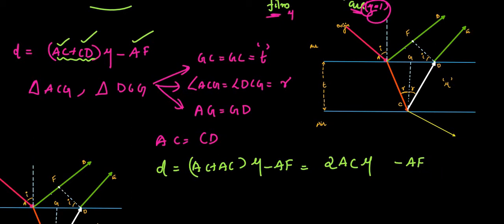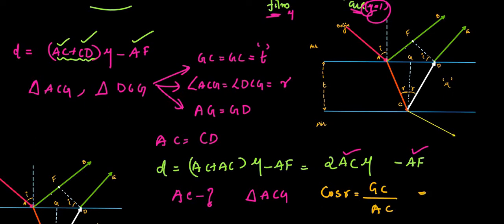Now what we need to find? Now we need to find this AC as well as AF. So first I'm checking for AC. To find AC again I'm considering the triangle ACG. From that I'm taking cos R. Cos R is equal to adjacent side, which is GC, divided by hypotenuse, which is AC.